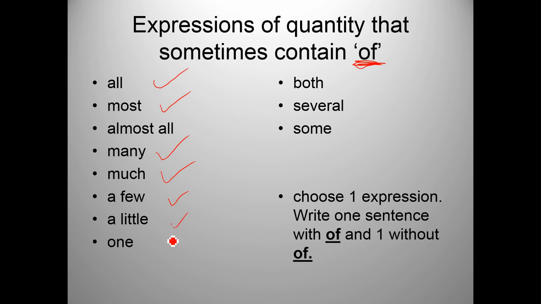Few, little, one, both, several, some. All of these expressions sometimes use of and sometimes they don't. The question is, when do I use of and when do I not use of? Let's look into that.